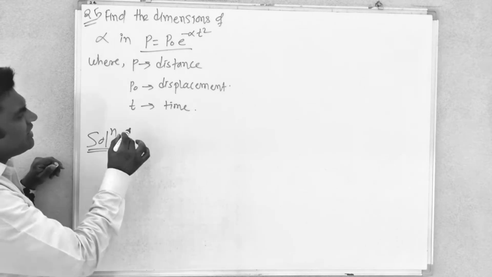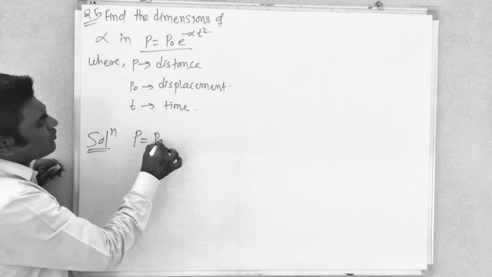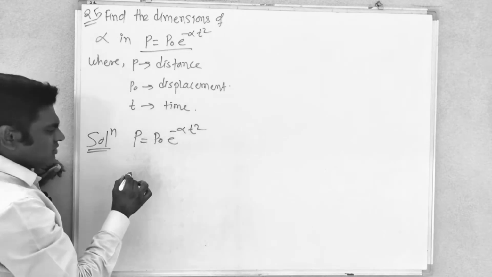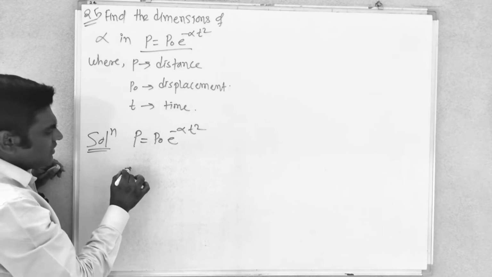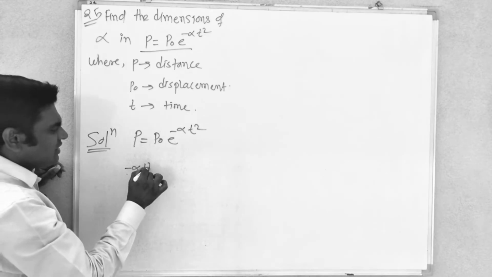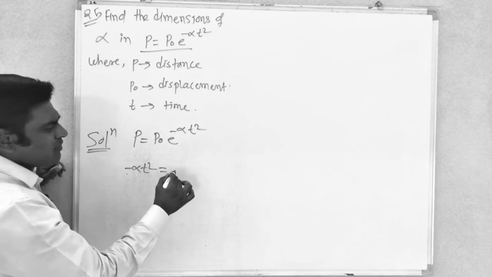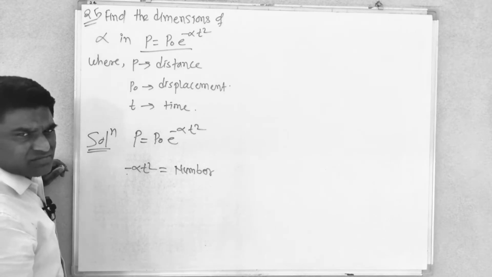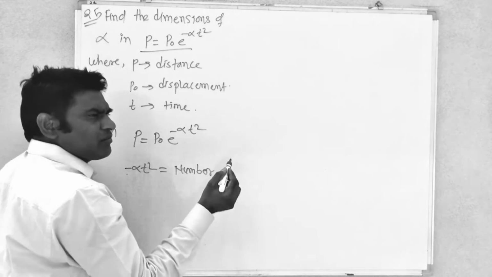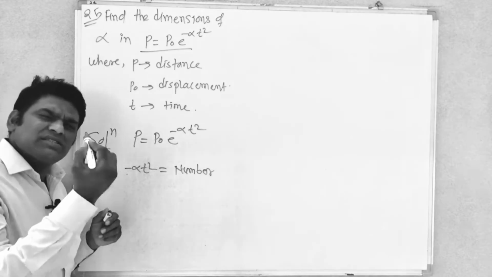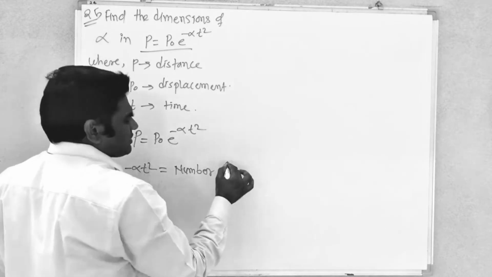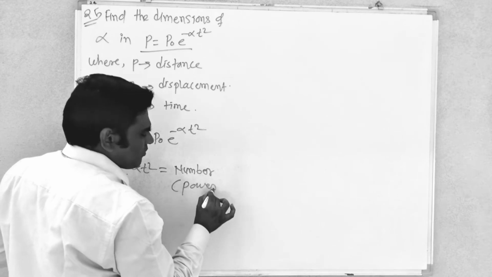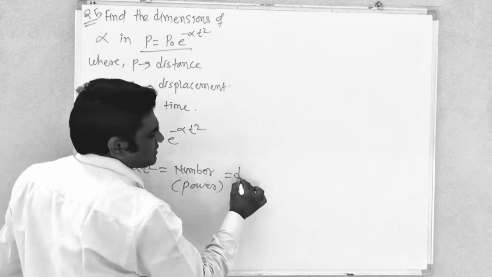Now in the expression p is equal to p0 e to the power minus alpha t square, this power, minus alpha t square, is what? It is a number, always, yes or no? Whatever the combination, it is a power of something, so power means a number, means dimensionless.